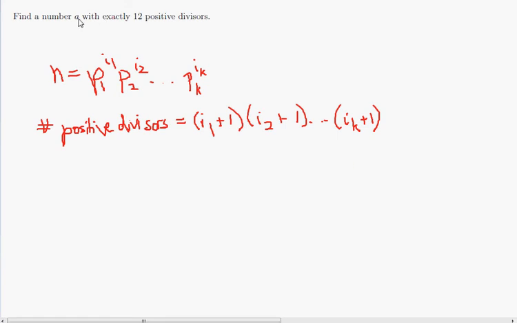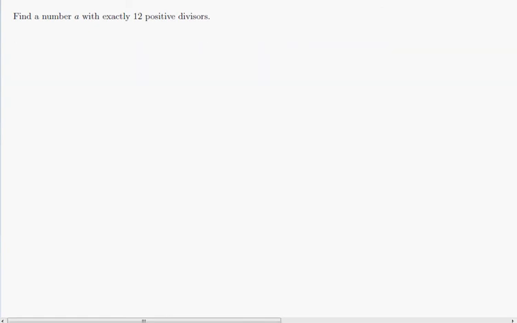So coming to the question about a number with 12 positive divisors. Well, there's a few ways that this can be done. First off, we note that 12 is equal to 12, which is 11 plus 1. And so that means that any prime to the 11th power will have exactly 12 positive divisors.